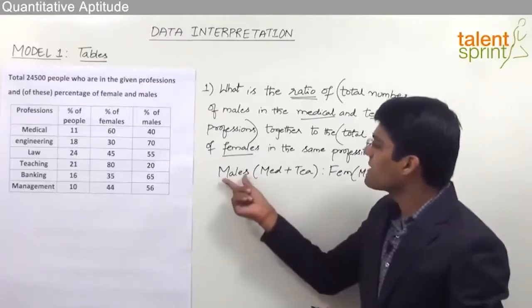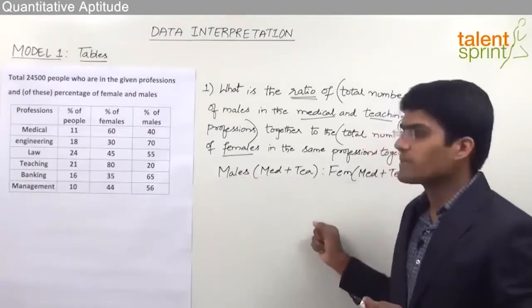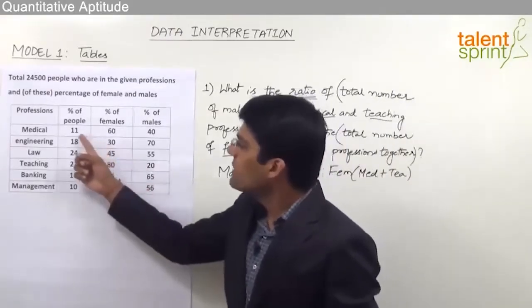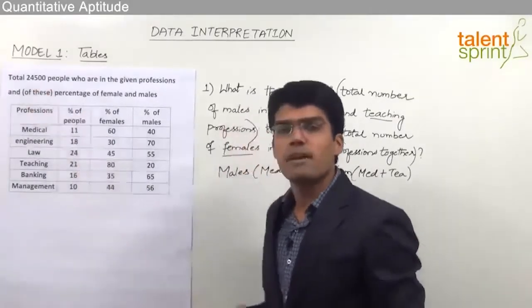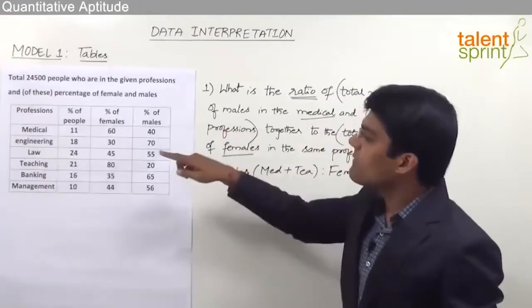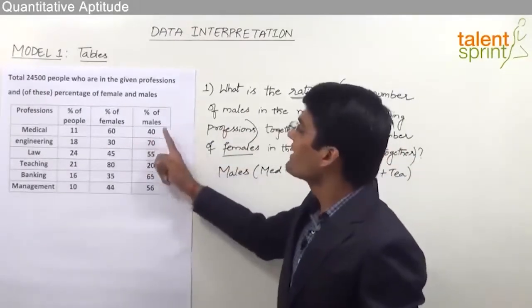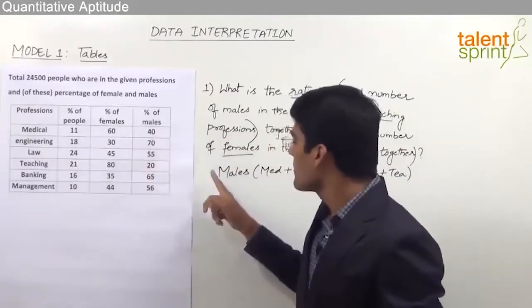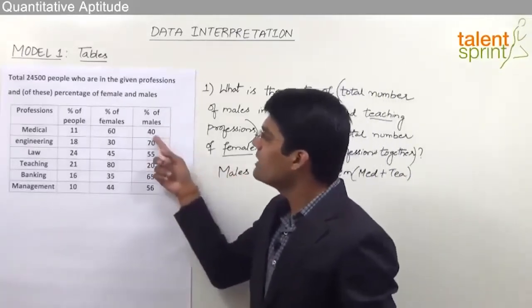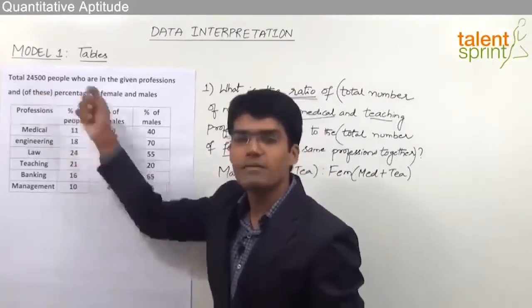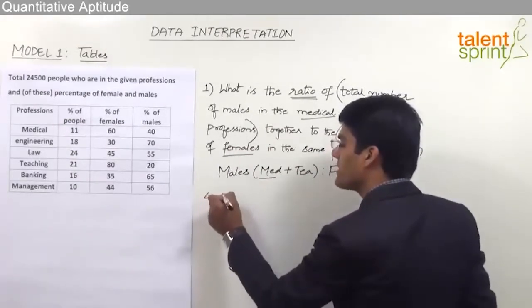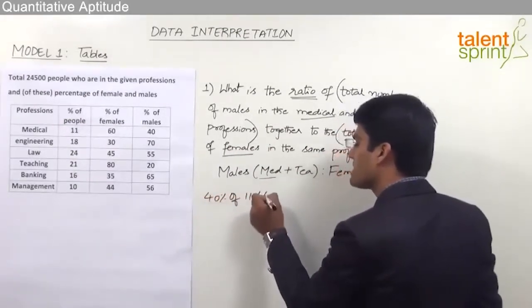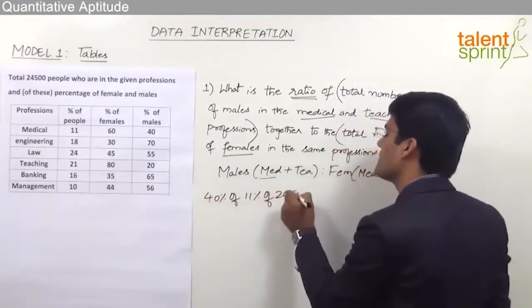Now, the first part that is required is males in the medical profession. As we know, the total number of people in the medical profession is 11% of 24,500. And out of those people in medical, 40% are males. So the number of males in medical can be taken as 40% of 11% of 24,500. So the first part here, males in medical, is 40% of 11% of 24,500.